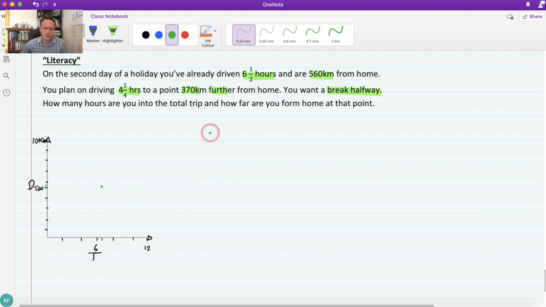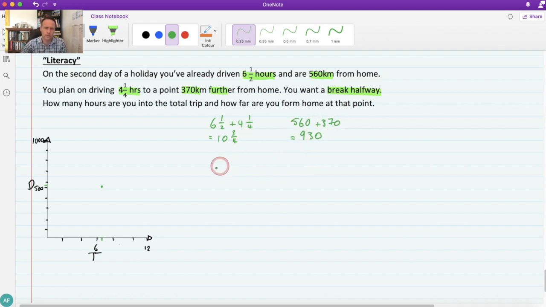Now our second point that we want to play with is we want to add both of these to the initial hours and kilometres. So 6.5 plus 4.25 is equal to 10 3/4. And 560 k from home plus 370 kilometres from home is equal to 930 kilometres from home.